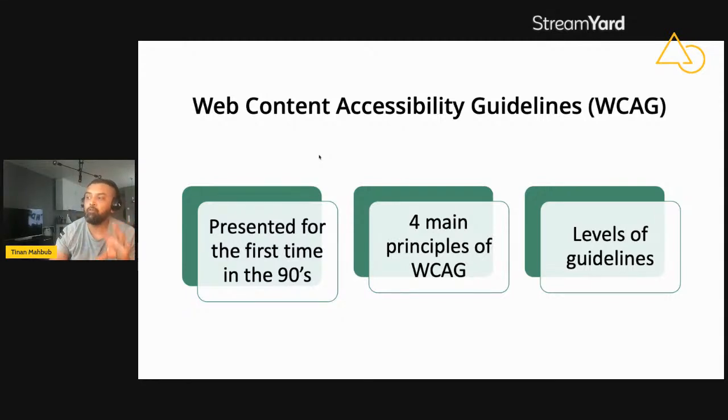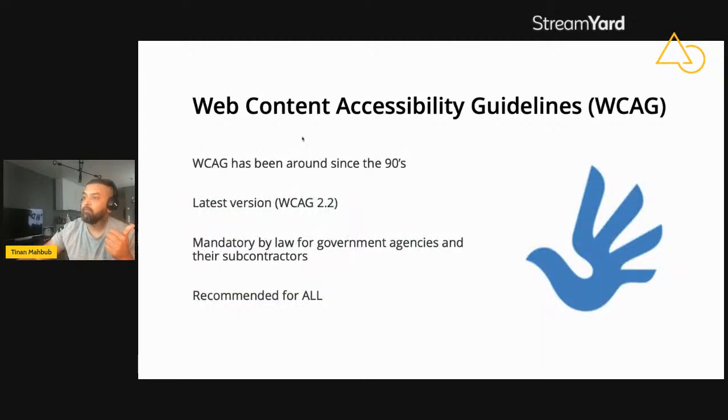WCAG has four main principles, and different levels of guidelines. They have been updated pretty often since it came out. The latest version is WCAG 2.2. It came out, I think, 2018 or 2019, and it's an ongoing process as far as I know.